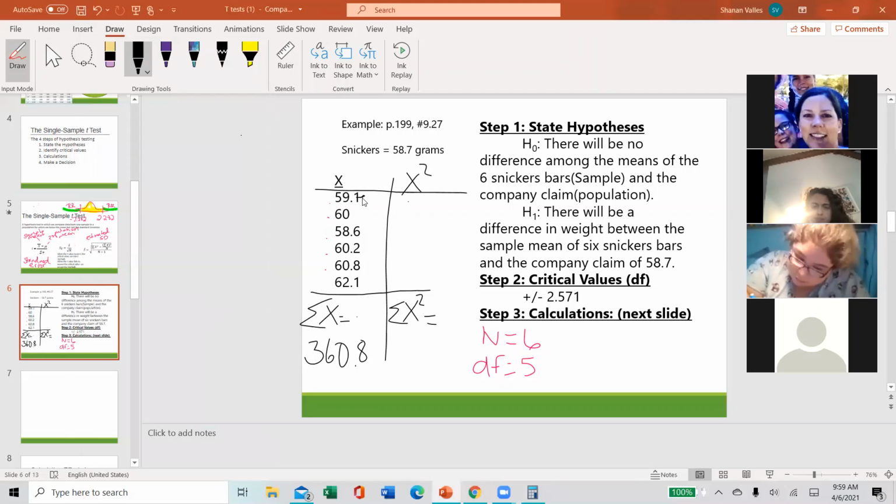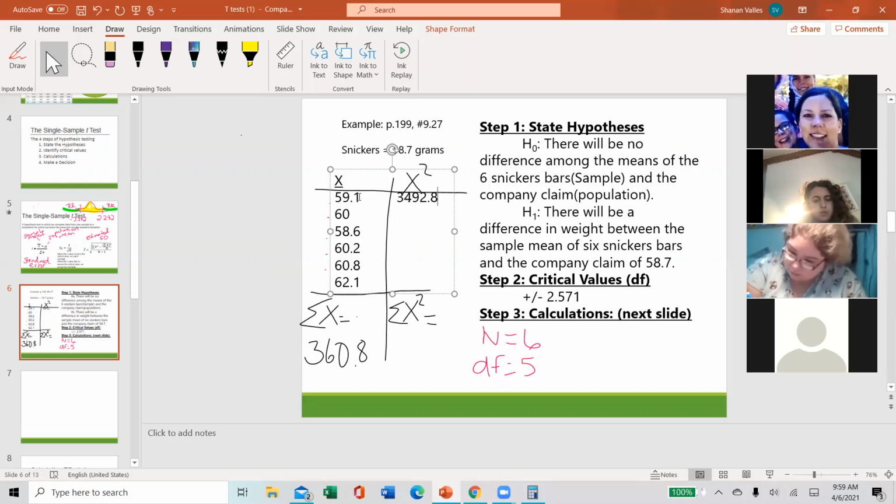I'm going to type it instead of trying to write it because I don't really trust my typing here. So we got 3,492.81.